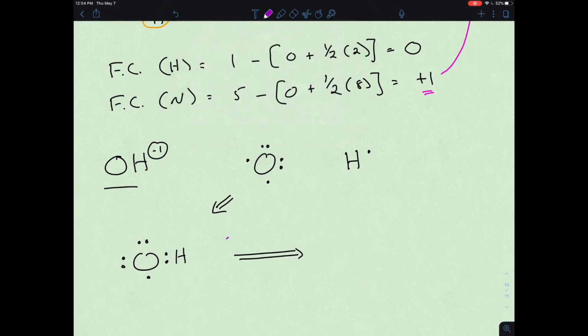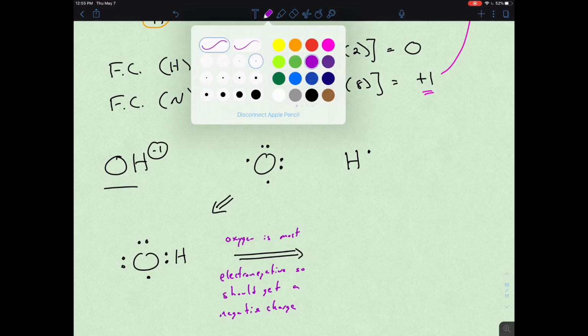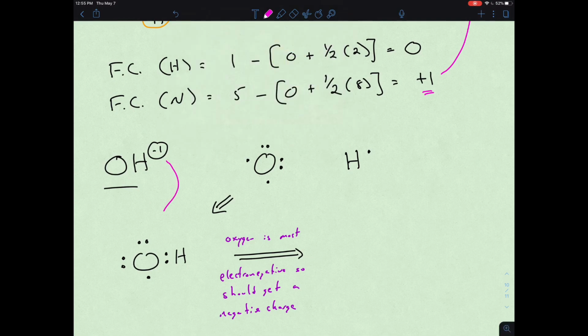Oxygen is the most electronegative here. So it should get a negative charge, which we need. Realize that we have to add an electron.